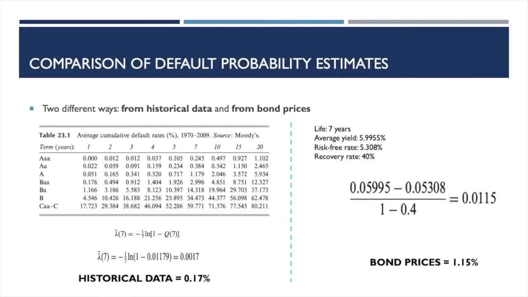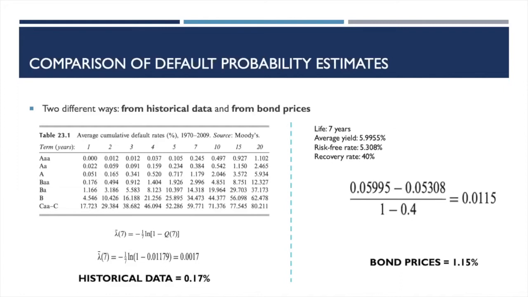Now, the same probability will be calculated from bond prices. The bonds taken into account have a life of 7 years. The recovery rate is about 40%, and the average yield of bonds between December 1996 and June 2007 is 5.9955%. On the other hand, as was said before, the risk-free interest rate is the 7-year swap rate minus 10 basis points. The average 7-year swap rate was 5.408%, and minus the 10 basis points, we obtain an average risk-free rate of 5.308%.